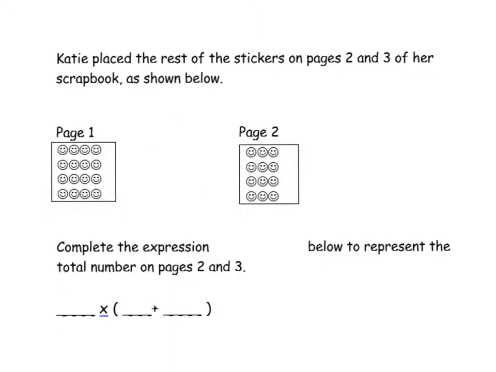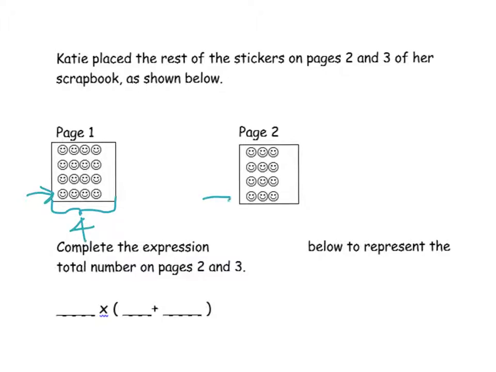Now let's take a look at the second part. It says that she placed the rest of the stickers on pages 2 and 3 of her scrapbook as shown below. Complete the expression below to represent the total number on pages 2 and 3. So what I need to do here is look at how many smiley faces there are in one row, and that would be 4.